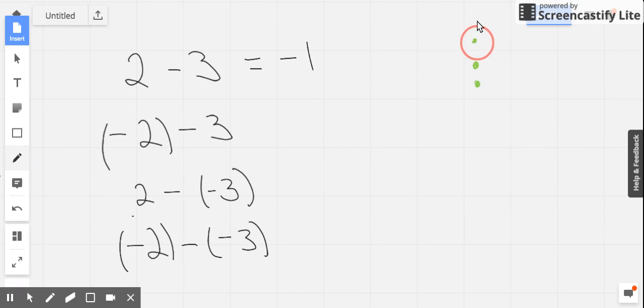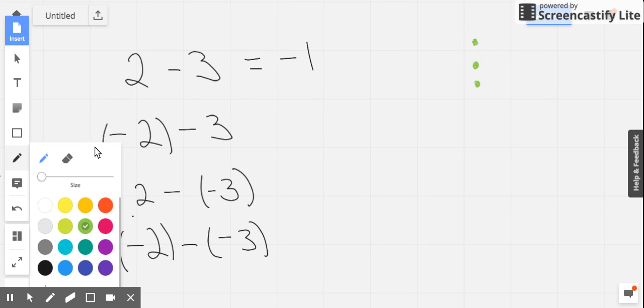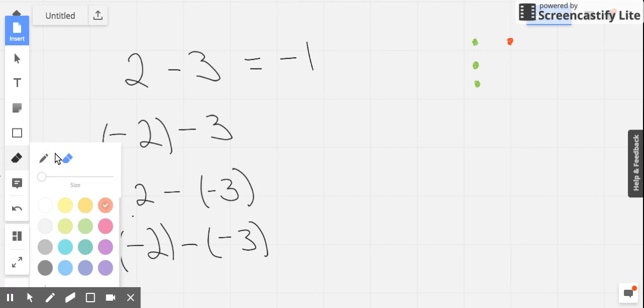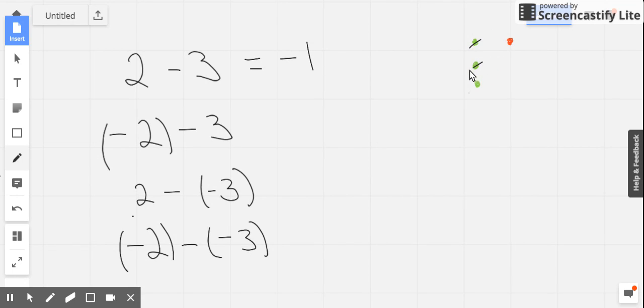So I'll put in a green one, and I'll put in a red one, and I'll go ahead and take away 3 positives. So I'll take away this positive, and this positive. What am I left with? Well, I'm left with 1 negative, and there it is.